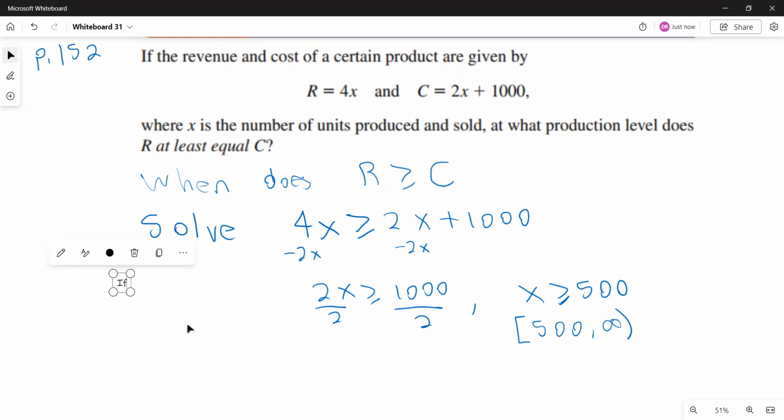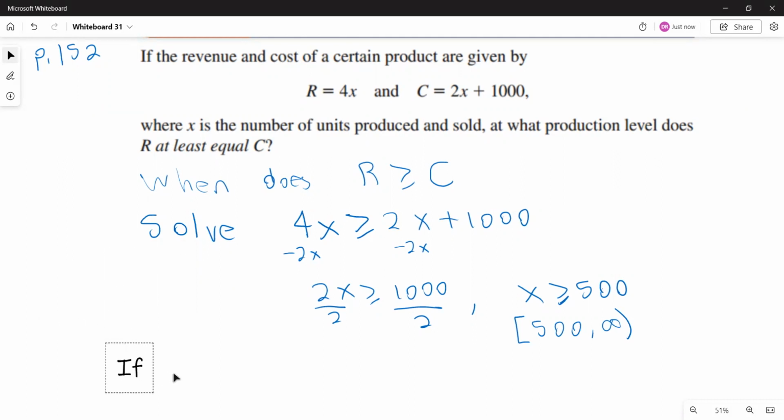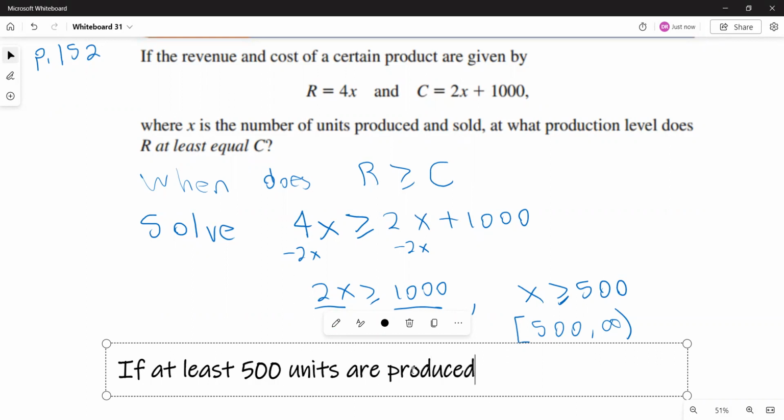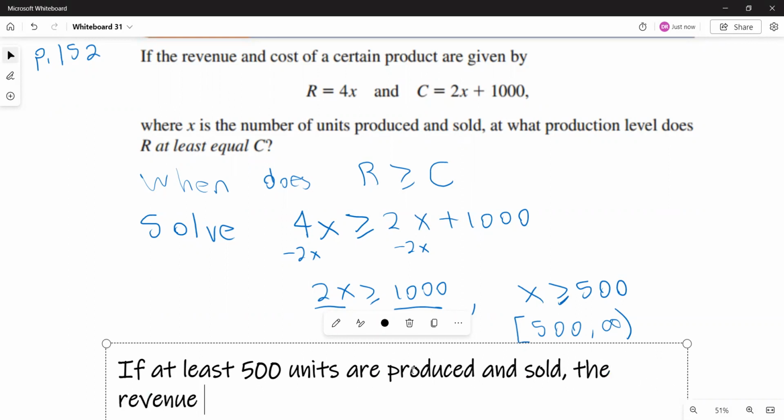So if at least 500 units are produced and sold, R at least equals C. The revenue at least equals the cost.